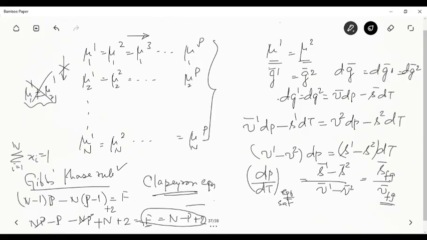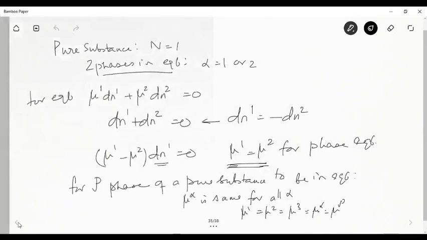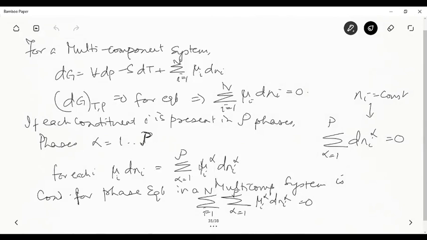The condition that we wrote was that for each species i, mu_i dn_i is equal to summation from alpha equal to 1 to P of mu_i^alpha dn_i^alpha, and therefore if I substitute that into this expression for equilibrium, that is dG at T and P equal to 0, then it gives you a double summation, i equal to 1 to n, summation alpha equal to 1 to P of mu_i^alpha dn_i^alpha equal to 0.